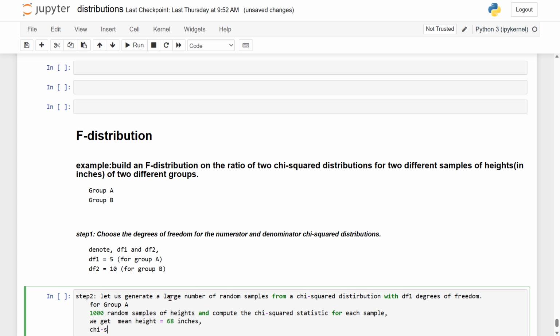All we have done is calculate the chi-squared statistic for each sample. Then we have summed it up. After summing it up, what we got is 30. That's what we got for this. So this is for group A.